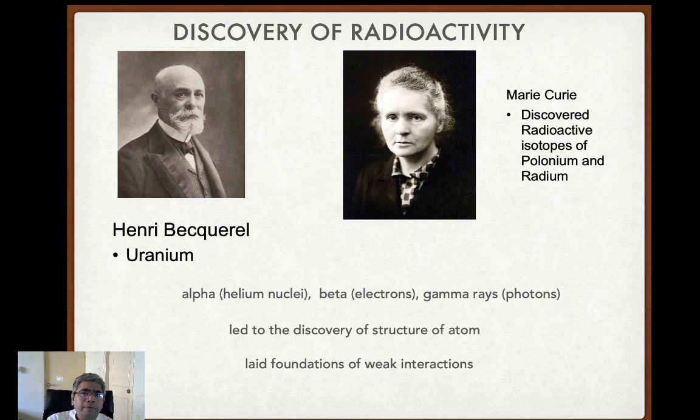Radioactivity at the end of the day revealed three kinds of rays: alpha, beta and gamma rays. In modern language we know that gammas are nothing but photons, betas are either electrons or positrons, and alpha particles are nothing but the helium nucleus.